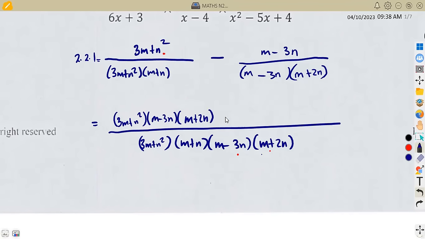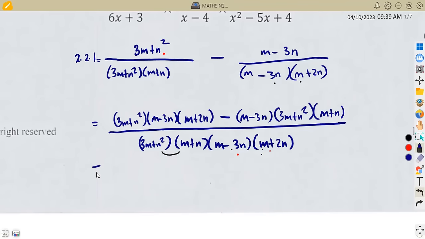Minus, we do the same. If we divide our LCM by these two brackets in the denominator, these two will cancel, which means we remain with these two brackets. But they are being multiplied to the numerator, which is m minus 3n. So you're going to have these two brackets, 3m plus n squared into m plus n like this. So this is what we are going to have at the end.